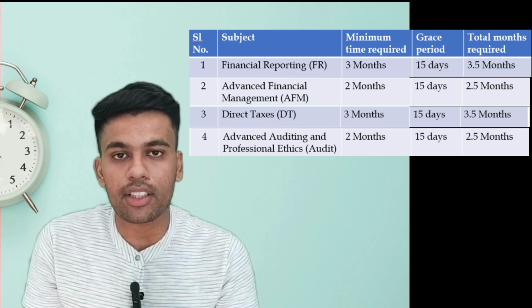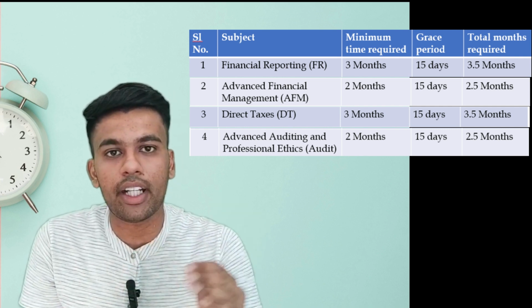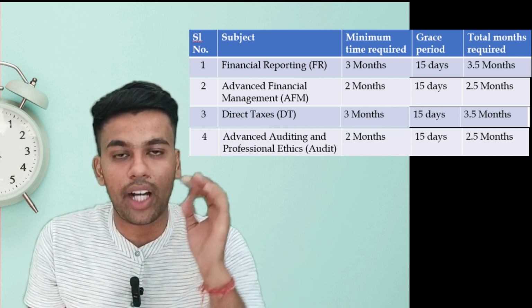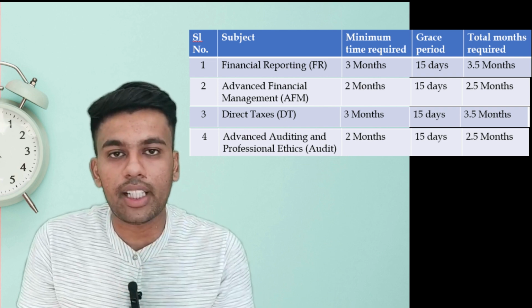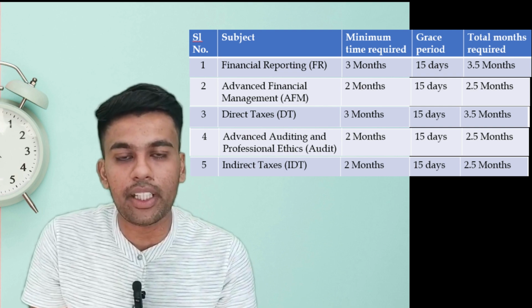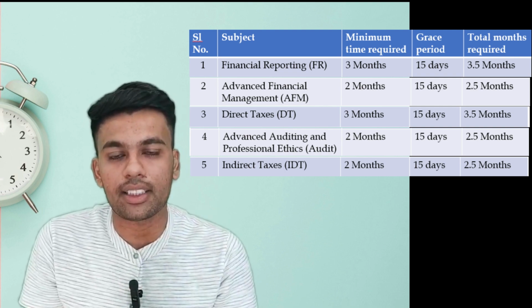So you have to finish the auditing classes maybe in the next 2.5 months, with 15 days as another grace period. And your last and final subject is IDT, indirect taxes. IDT you have to again finish in 2 months plus 15 days of additional grace period. So totally 2.5 months you will need for your IDT subject.